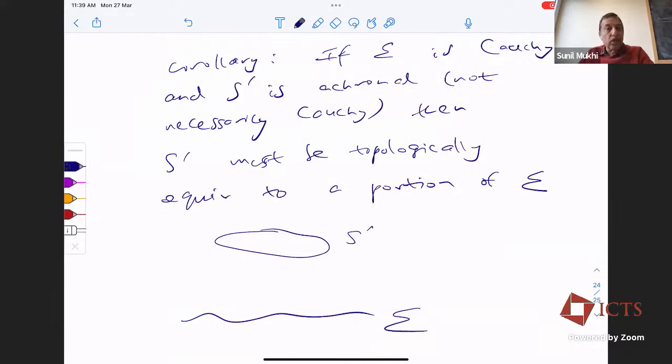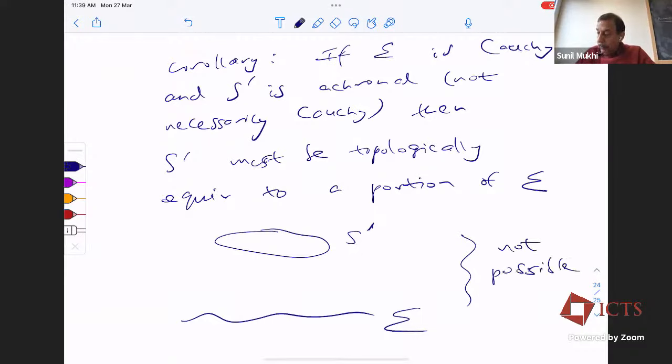And you see that there's no subset of sigma that S prime can be mapped onto smoothly, because S prime is compact and sigma is non-compact, just intuitively. One is a circle, one is a line. You can't map a circle smoothly as a subset of a line. Okay, so then that means that this is not possible.